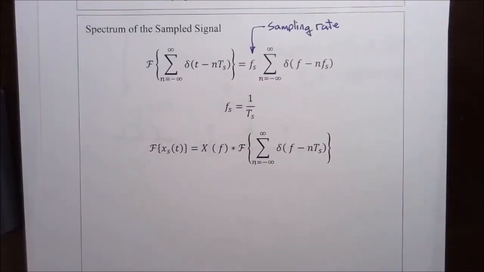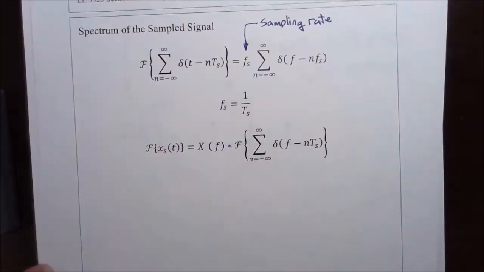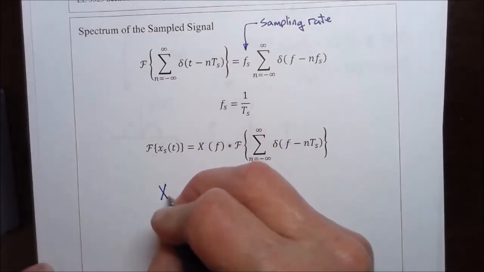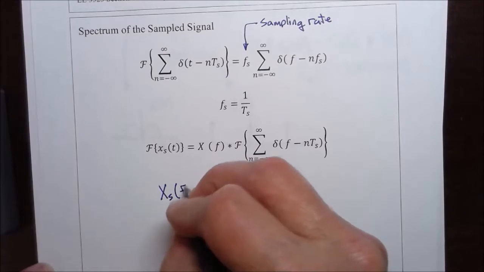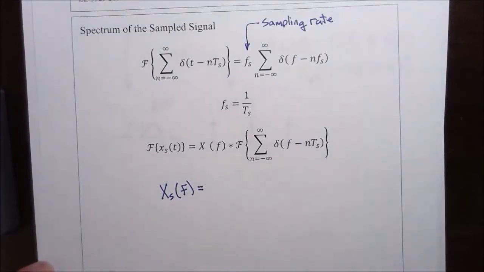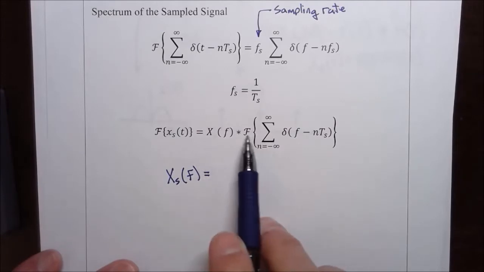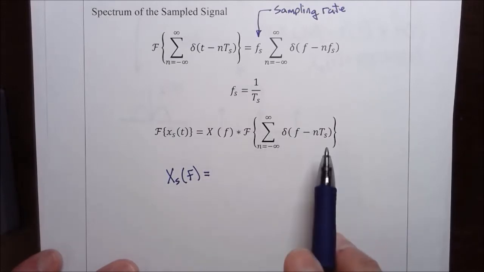So the Fourier transform of the sampled signal, capital X sub s of f, is going to be equal to this convolution of X of f convolved with this train of delta functions.